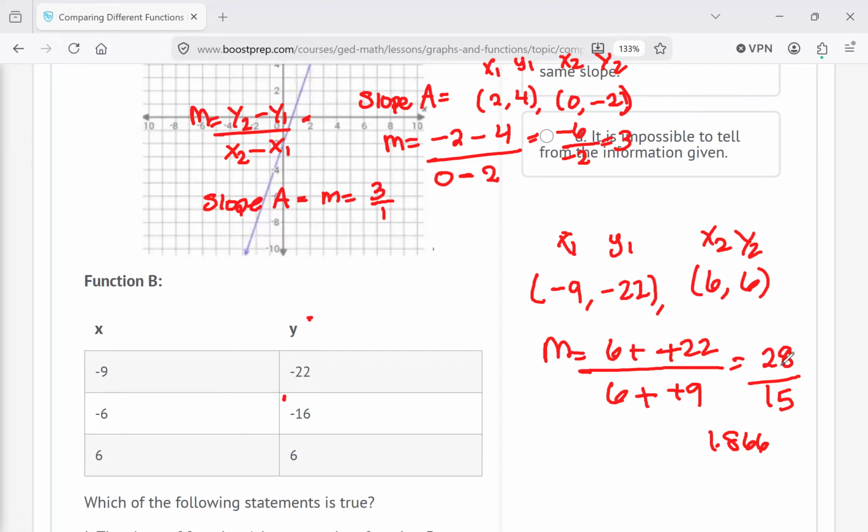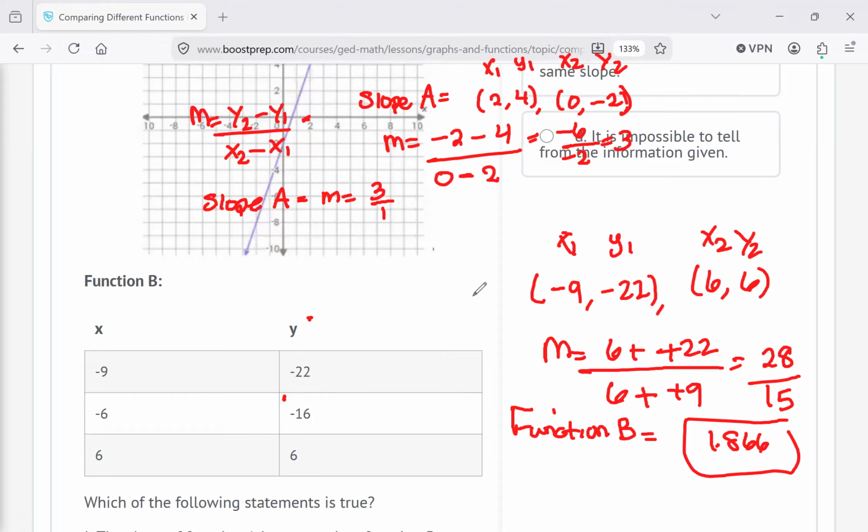You could do it as a decimal or reduce it, it's perfectly fine. I'm just going to leave it as a decimal because I need to know which one is larger. So function B has a slope of 1.866.